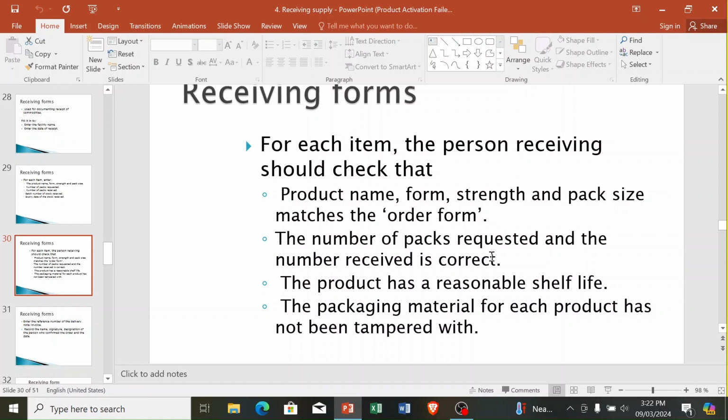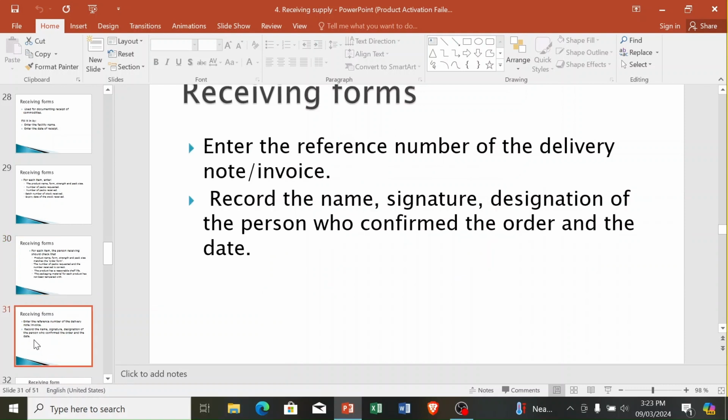And then the number of packs requested and the number received is correct. The product has a reasonable shelf life, and then the packing material for each product has not been tampered with. That is all what we check with receiving forms.